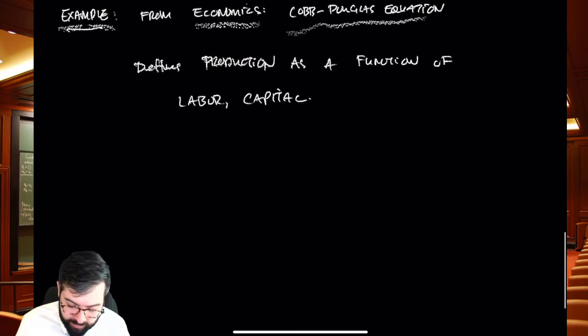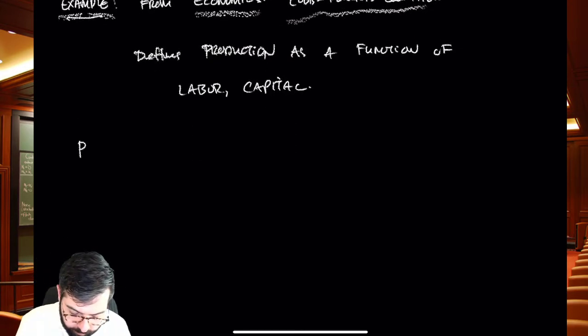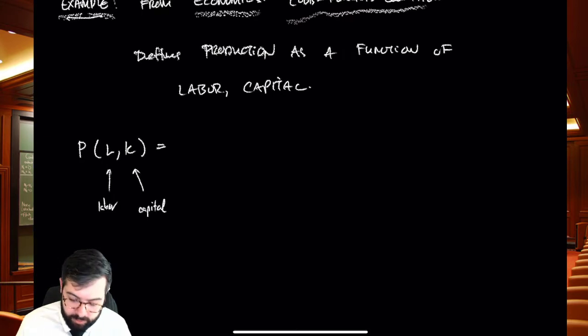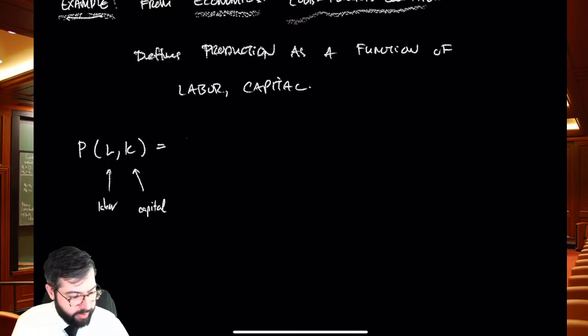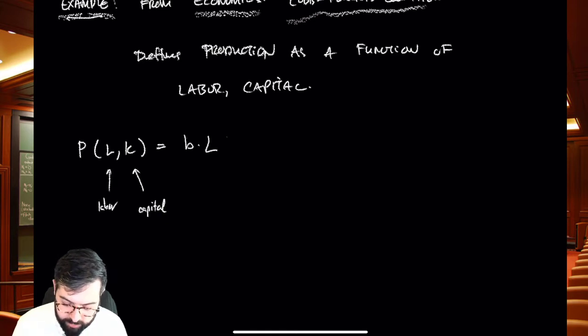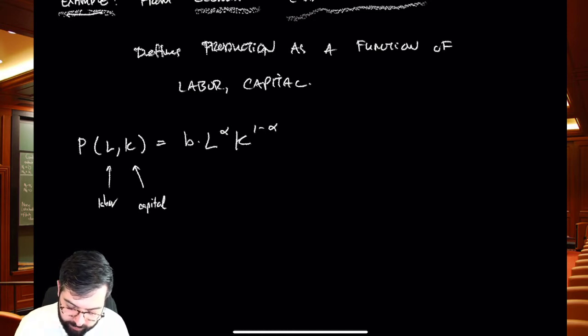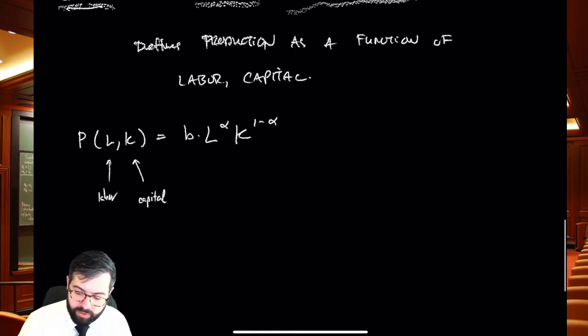Okay, and so what they came up with was a function P of L, which is labor, and K, which is capital. And it's some scalar B times L to the alpha times K to the 1 minus alpha. All right, and what is alpha?